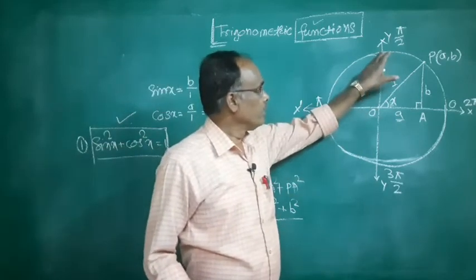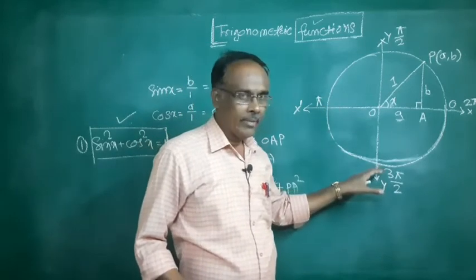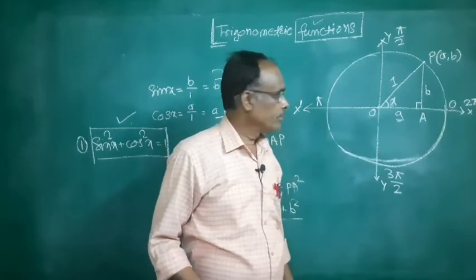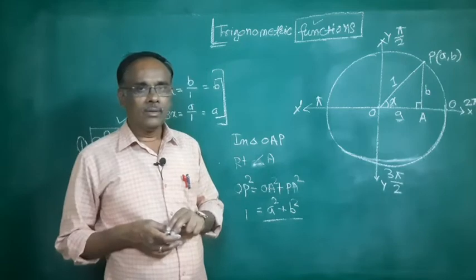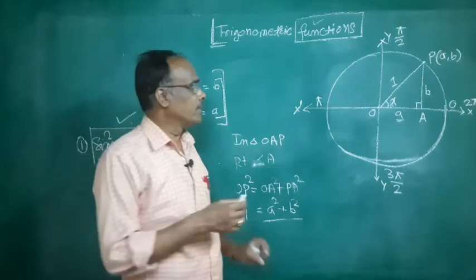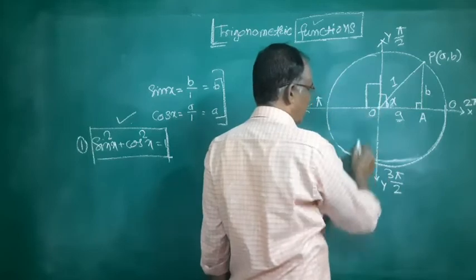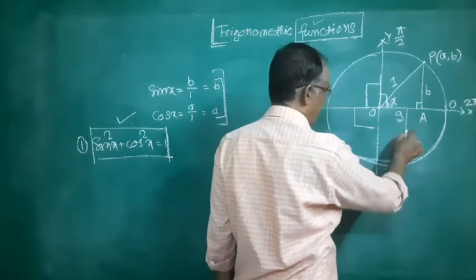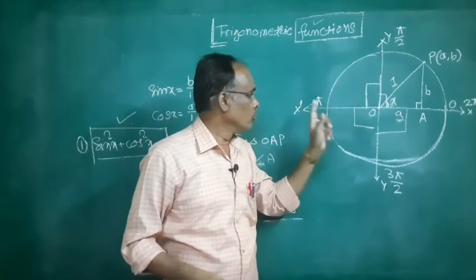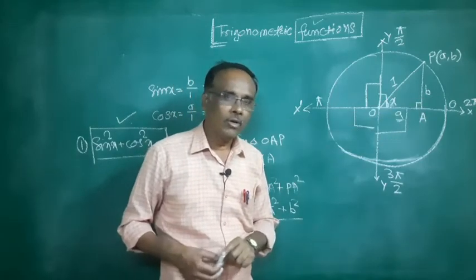If the angle is on pi by 2, pi, 3 pi by 2, 0, 2 pi, or a multiple of these, they are called quadrantal angles. This angle is a quadrantal angle, this angle is a quadrantal angle, and so is this. Angles at pi by 2, pi, 3 pi by 2, 0 or 2 pi are called quadrantal angles.